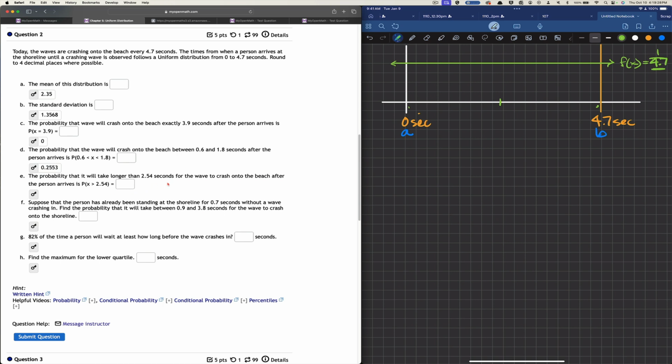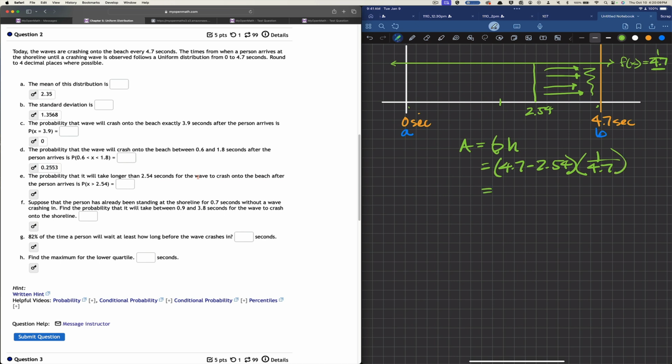Okay, the next part of the problem. The probability that it will take longer than 2.54. So 2.54 is somewhere around here. And so longer would be anything over that way, right? But only up to 4.7, okay? So maybe 2.54 is not that far over, but it doesn't matter. We want to know the area of this rectangle, and so it's the same thing. Area equals the base times the height. In this case, the base is 4.7 minus 2.54. And then I'll multiply that times the height. The height hasn't changed. It's still 1 over 4.7.